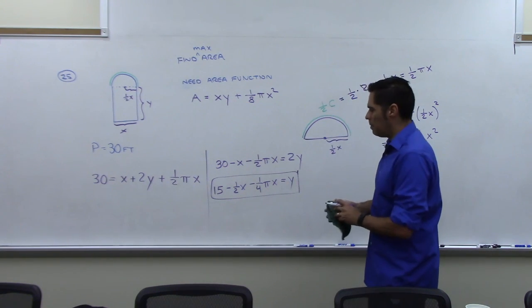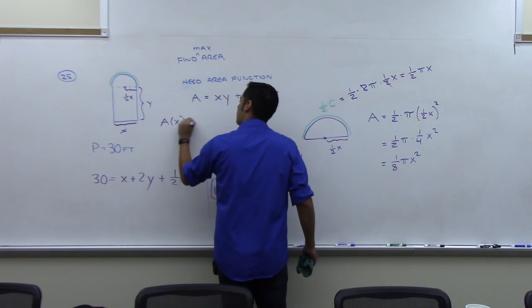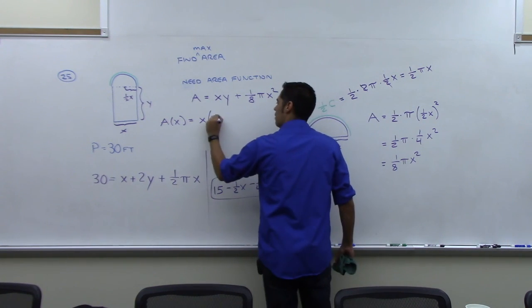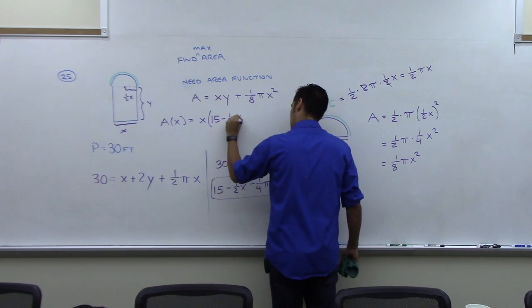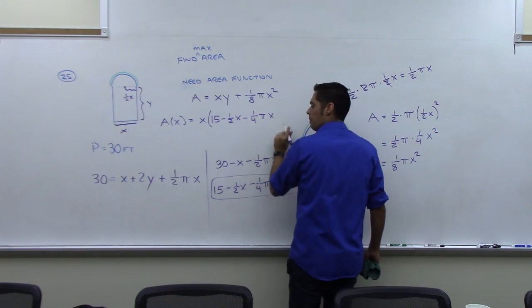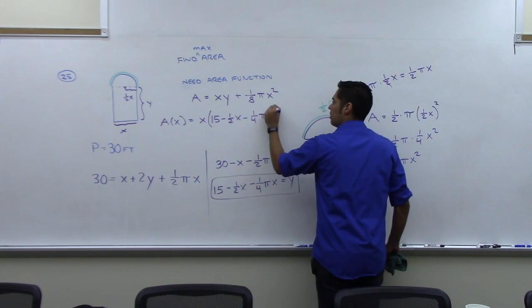It's not going to look pretty, but I think it's going to work out nice. The area is now a function of x. It is equal to x times y, but y is all this: 15 minus 1/2 x minus 1/4 pi x. And then that's it. That's y.